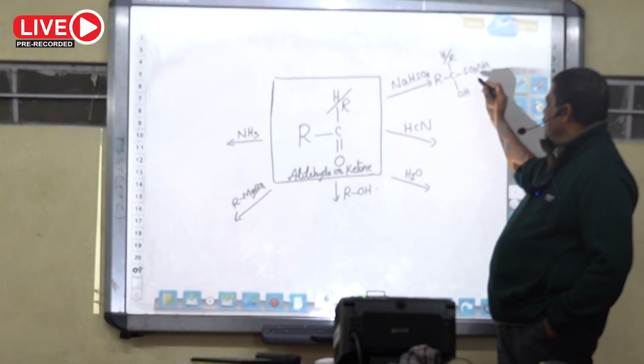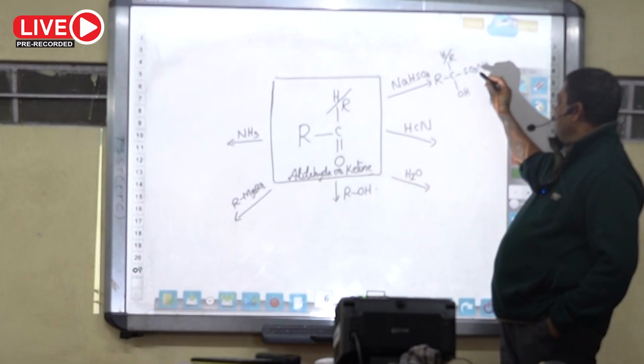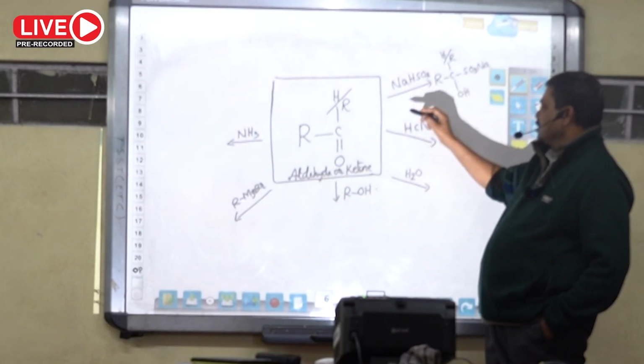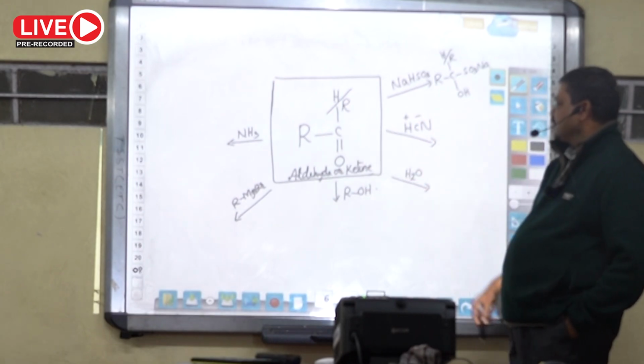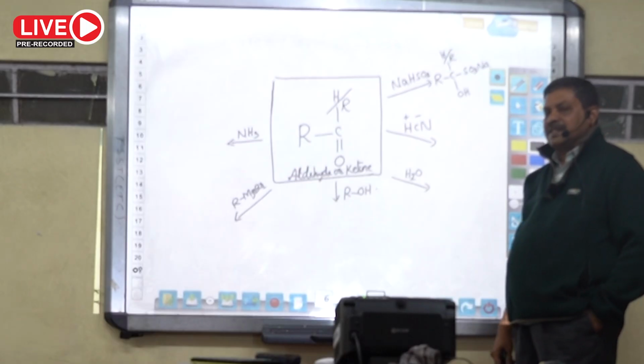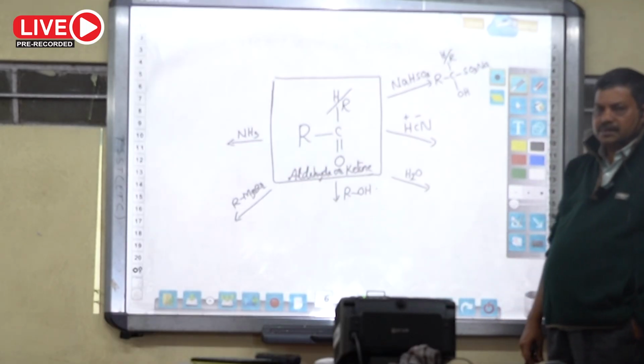The SO3 minus will add to the carbon and H will add to the oxygen. Similarly, HCN. In HCN, what is the nucleophile?